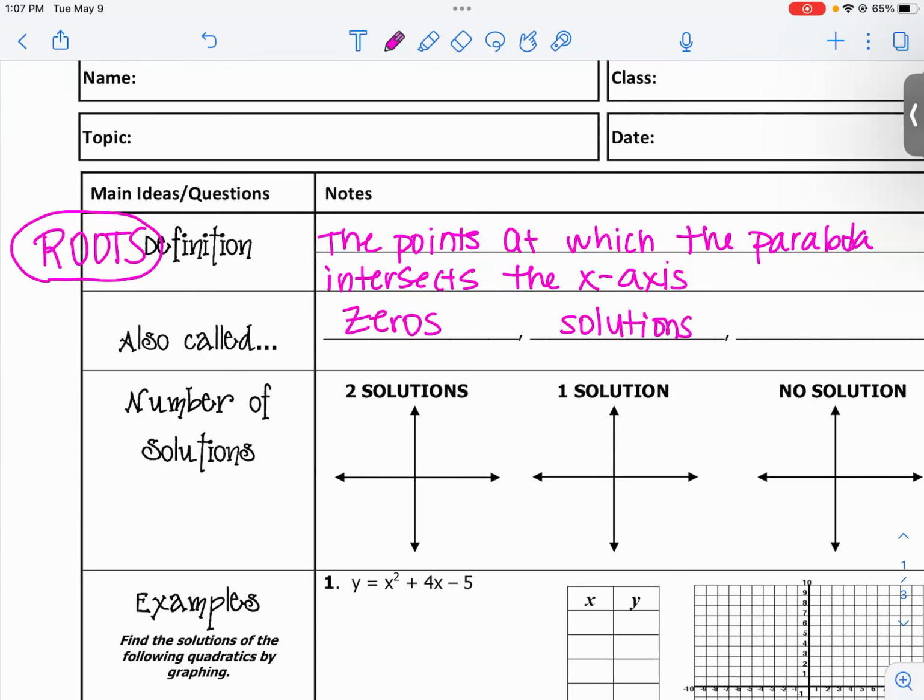These are also called, you guessed it, x-intercepts. So these 4 words all mean the same thing: find the roots, find the zeros, find the solutions, find the x-intercepts. That means we are finding where our parabola intersects the x-axis.